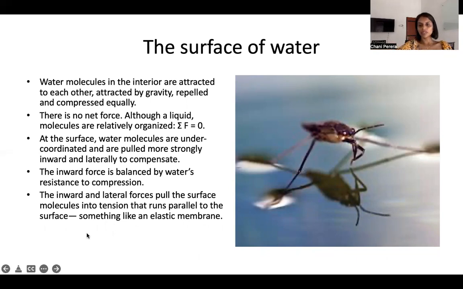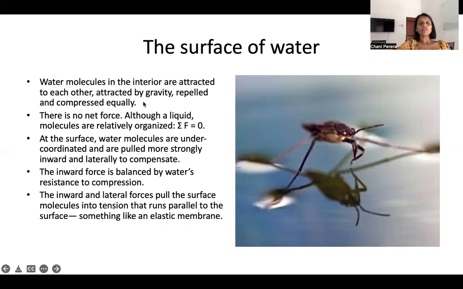And if you carefully look at where the insect's legs are resting, you can see it is more like an elastic membrane. It's dipped a little bit. It's deformed, but it's more or less like an elastic membrane. It's like weighing on an elastic membrane.